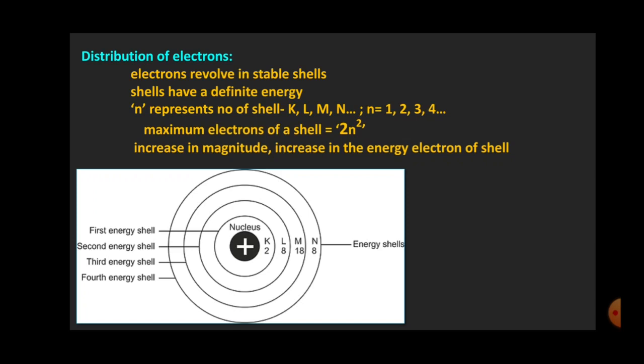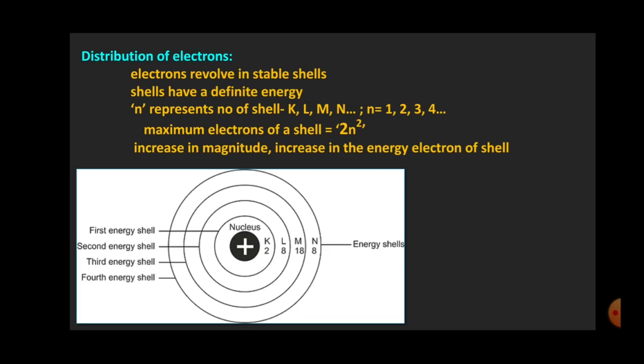A symbol n is used for the ordinal number of the shell. The nearest shell to the nucleus is called K. Next to it is L, next M, and next N. As you can see in the picture, the very first one is K, the first energy shell, the second energy shell is L, third is M, and the fourth one is N.